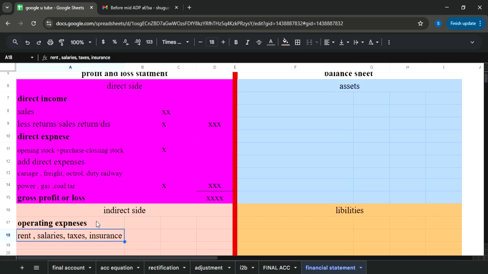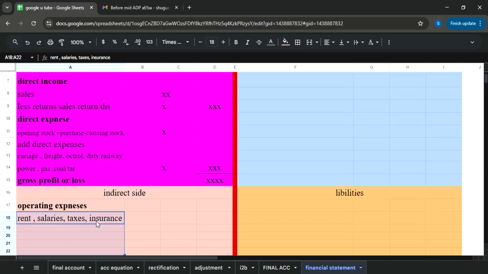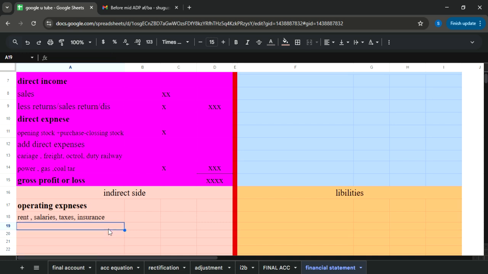Then you may have, I'm just decreasing the size so that we can write more expenses over here, your administrative expenses, then marketing expenses. Beside this, all those expenses which are not having any concern with your production.